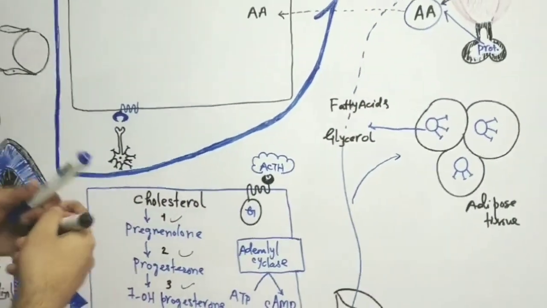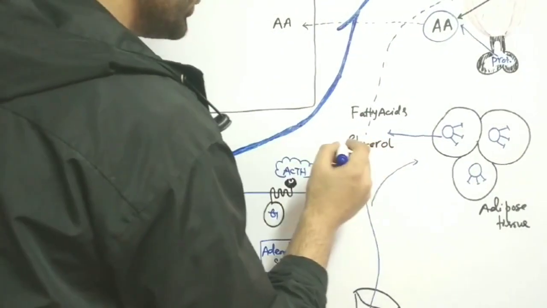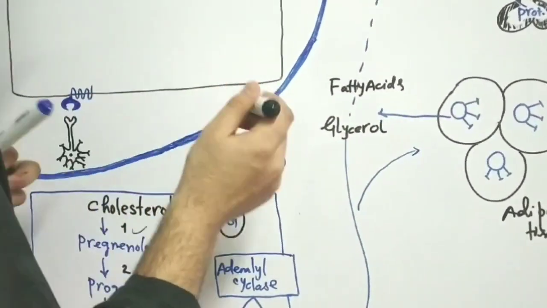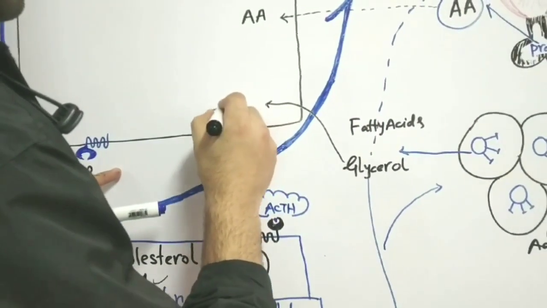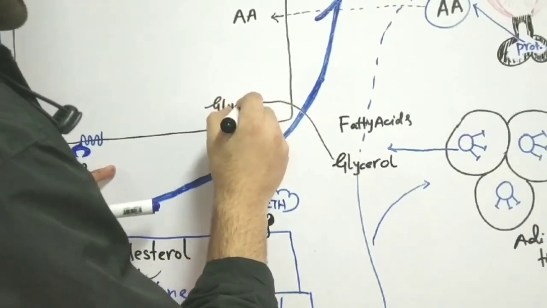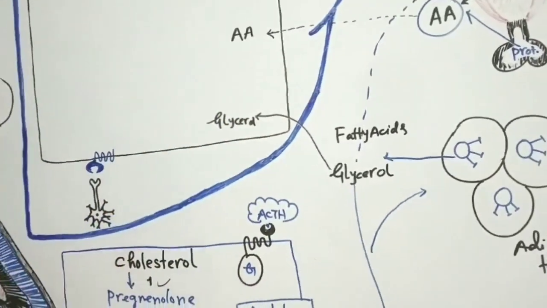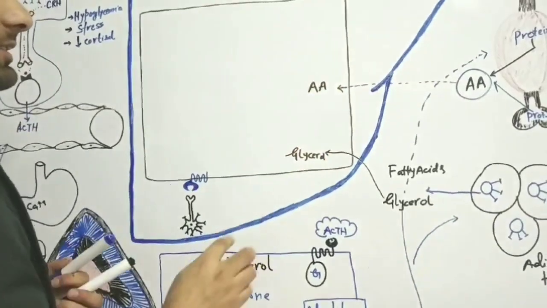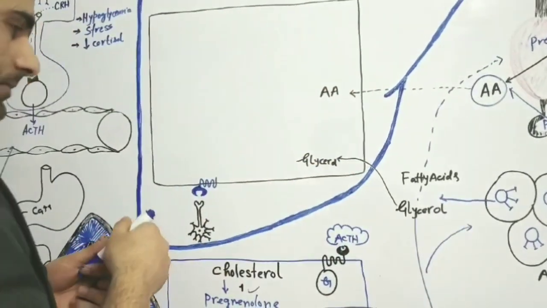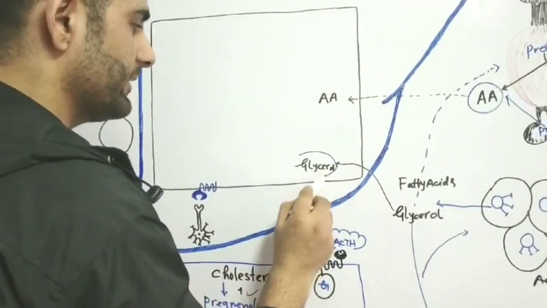Now what will happen? This glycerol molecule will enter into the hepatocyte. Now look at here. From the amino acids and the glycerol, we will get the glucose.